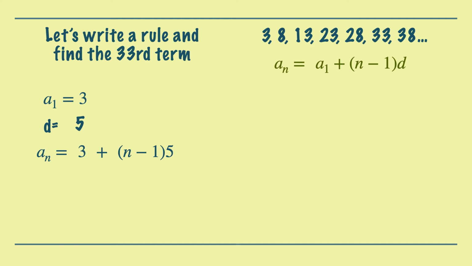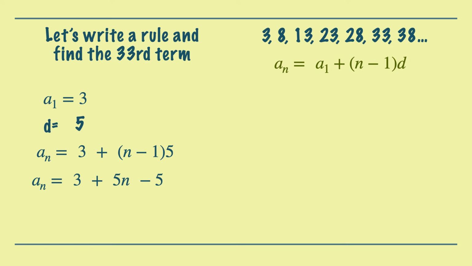But look at that 5. I can distribute that 5 to everything on the inside of the parentheses. So I can take 5 times n and 5 times 1. All right, so now I have a sub n is equal to 3 plus 5n minus 5.